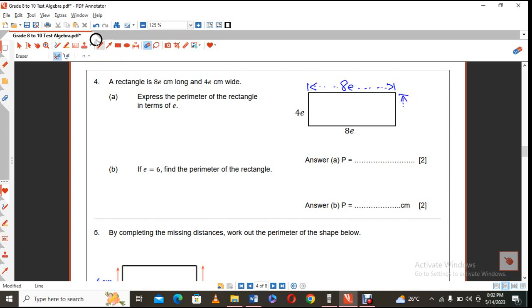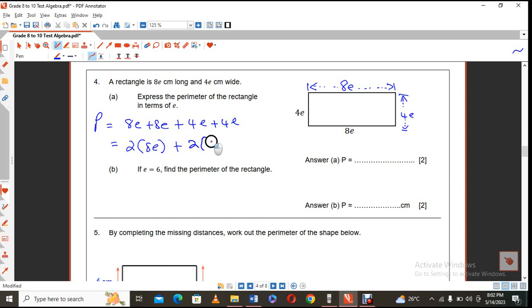And the distance over this side here is going to be 4e. So having said that, the perimeter is going to be 8e plus 8e plus 4e plus 4e. In case you know the formula, it's 2 of these 8e's that you are going to add together and 2 of these 4e's that you're going to add together.